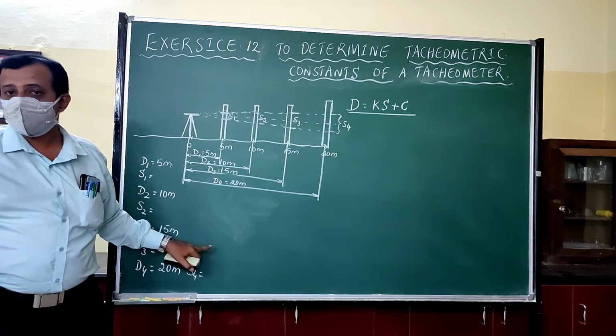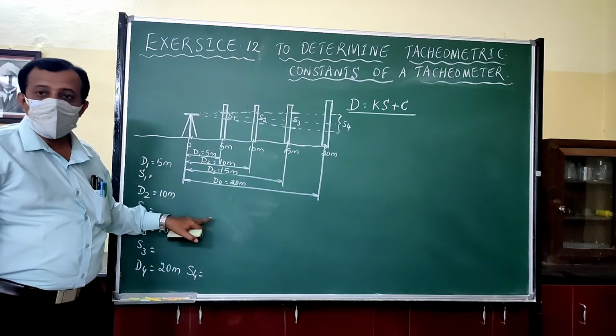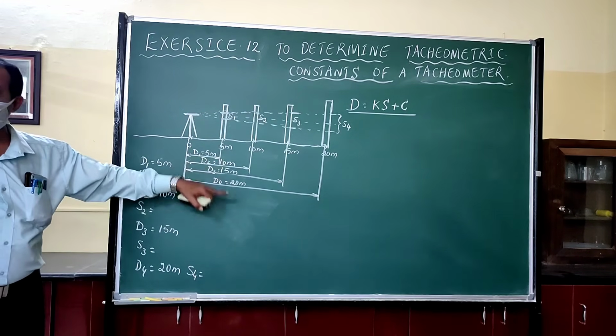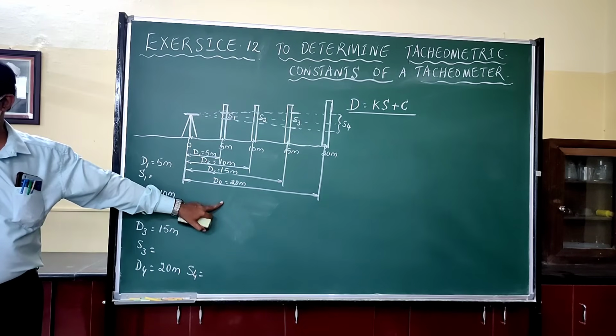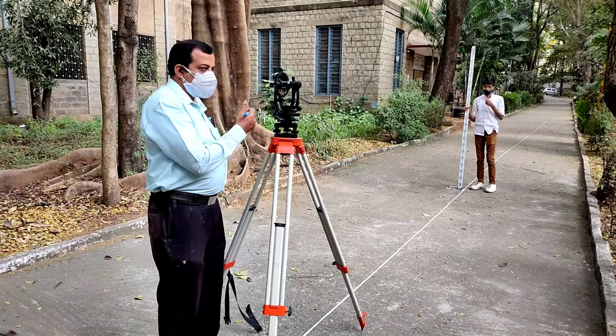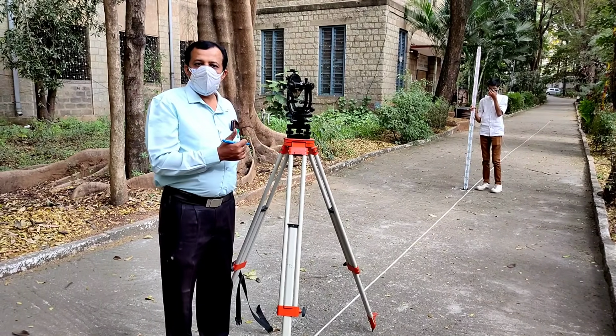Now we will go to the field and conduct the exercise and then we will come back and do the calculations for K and C. Okay, now let us do the field exercise.